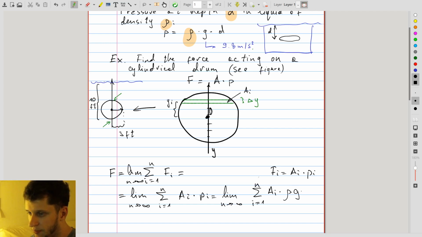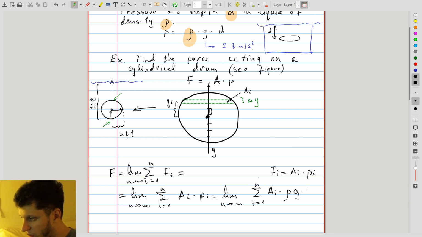So from this picture, the depth at the origin is 7 feet. Right? So I have 10 feet total. The radius is 3 feet, and so I go up here and I get 3 feet up, and I arrive at 7 feet under the surface of this liquid.